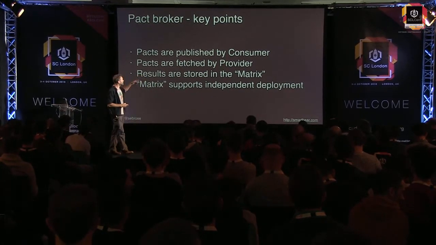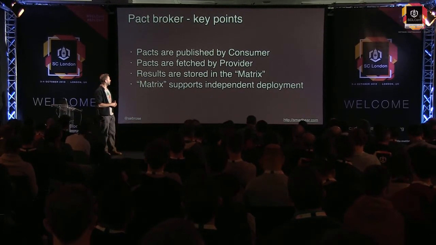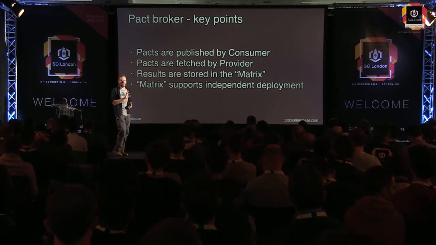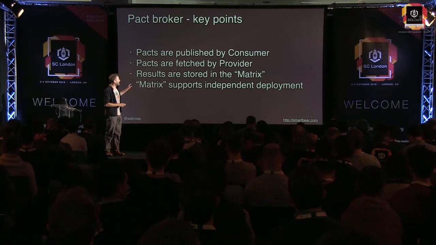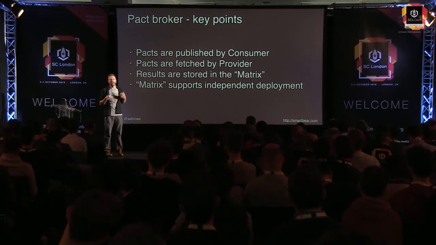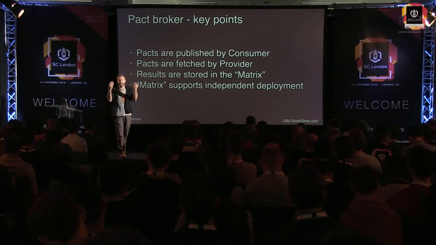So the pacts are published by the consumer, they're fetched by the provider, and the results of running the verification of that pact against the provider are stored in the matrix. The matrix supports independent deployment because it keeps a record of every time a verification has taken place, and every time you publish a pact, it will kick off verification in your provider pipeline.